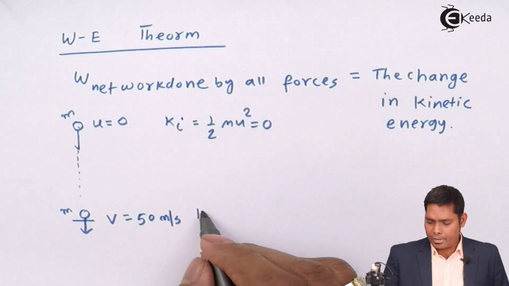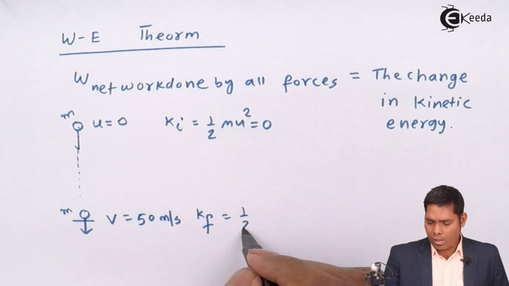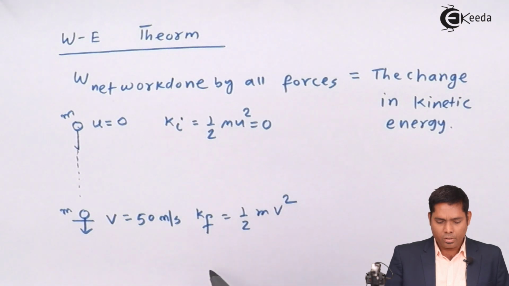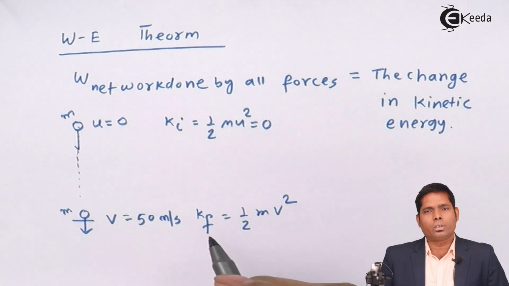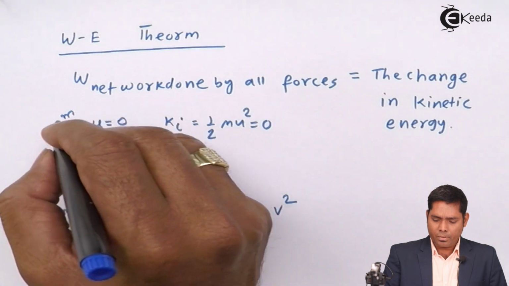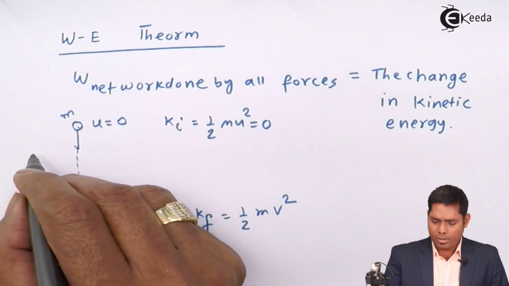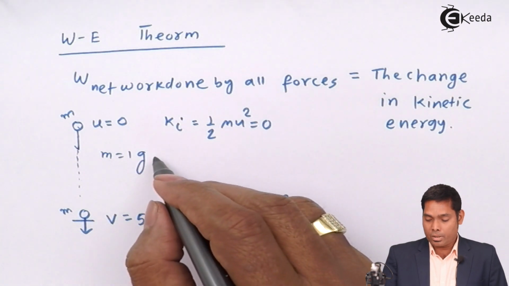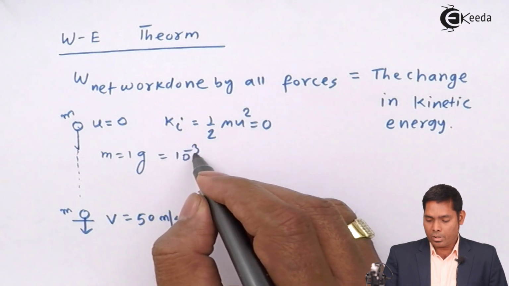The final kinetic energy Kf equals half mv square, whatever is the value we have to put. The mass of the drop is given as 1 gram. In kilogram it is 10 to the power minus 3 kilogram.